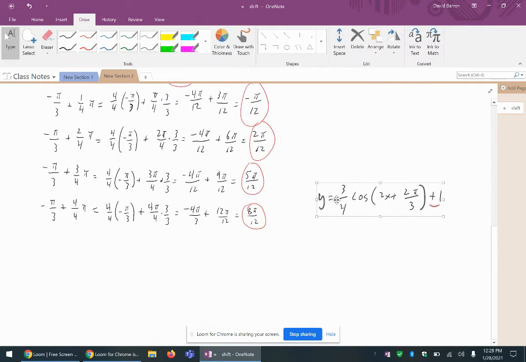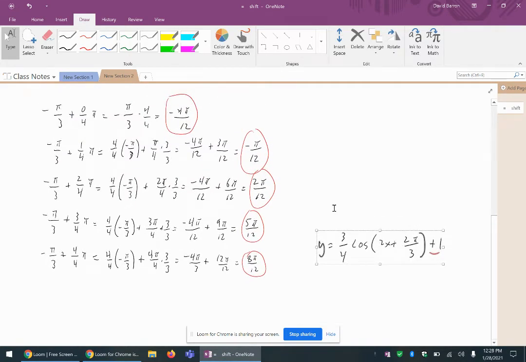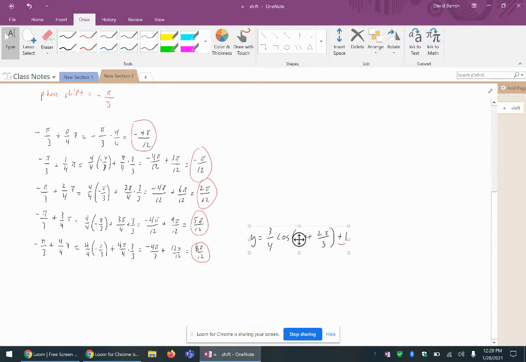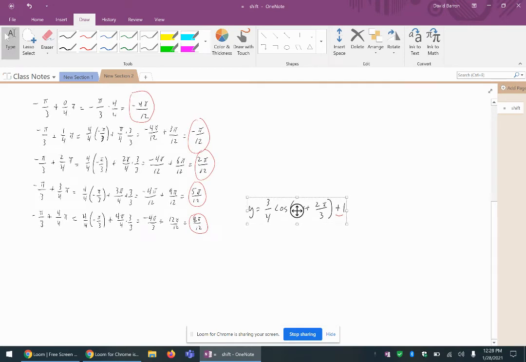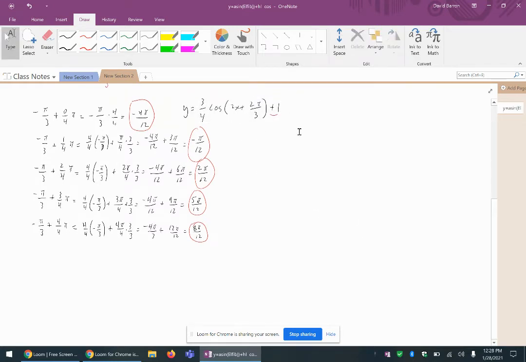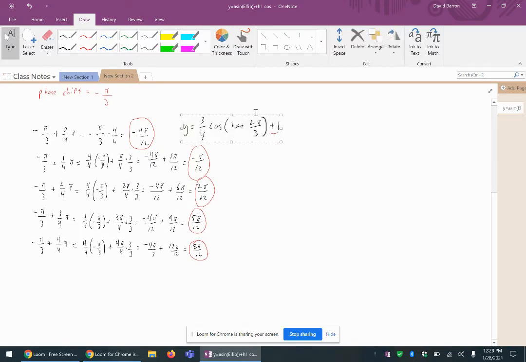Okay, so now what we want to do is take these values and input them into our function. So we want to input these where the input goes.